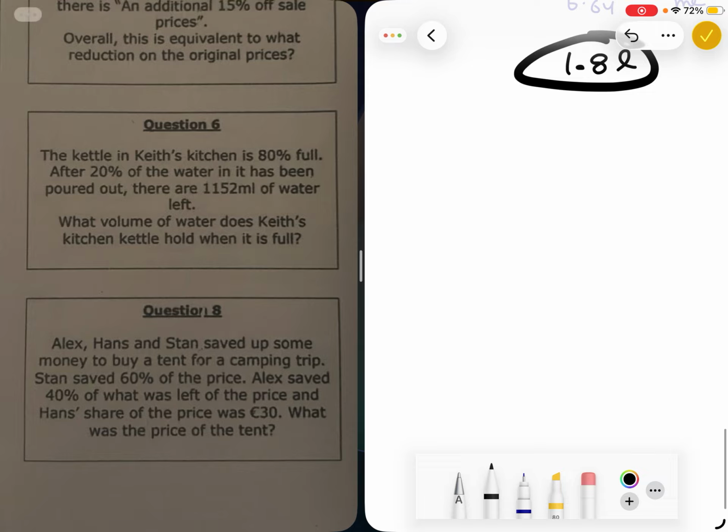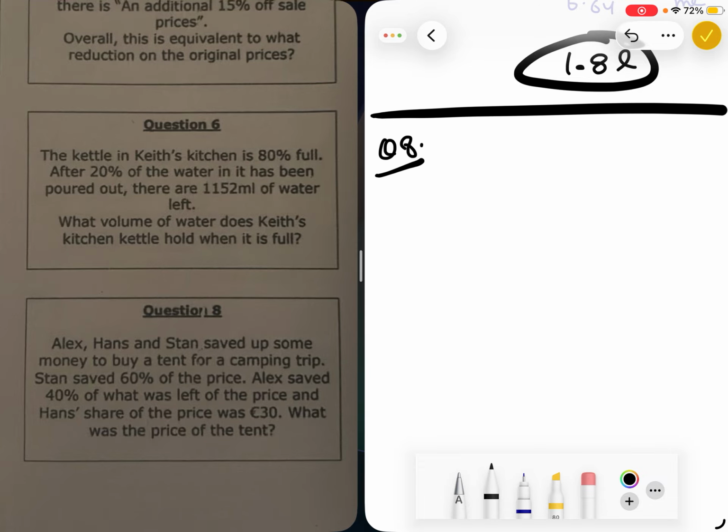Okay. Now let's come to question number 8. You can even rewatch this video. Question number 8. Alex, Hans and Stan saved up some money to buy a tent for the camping trip. Stan saved 60% of the price. Like if the price is 100, he has saved around 60 rupees.